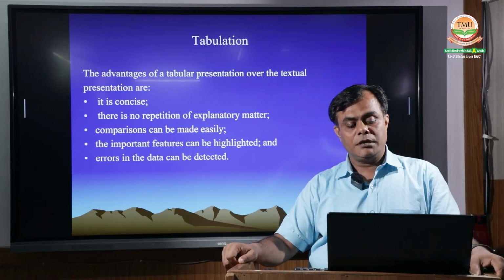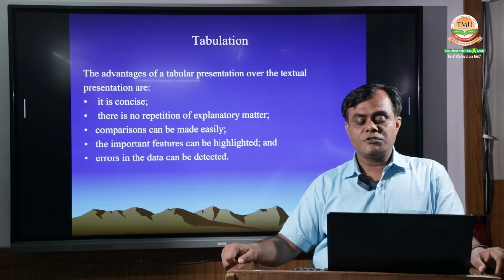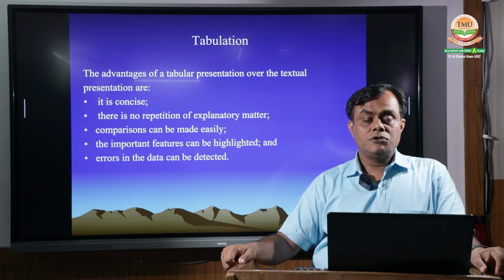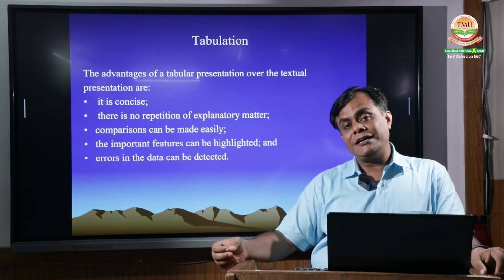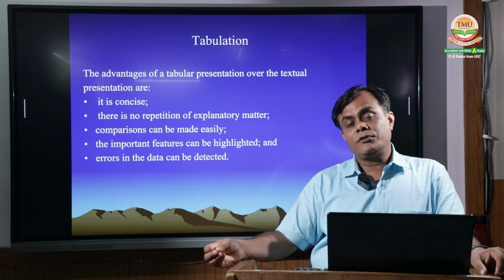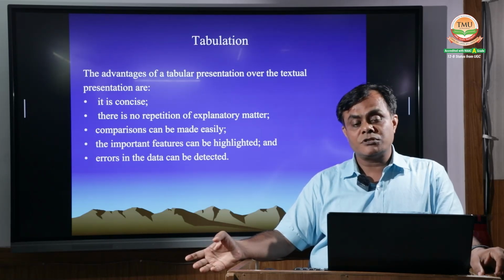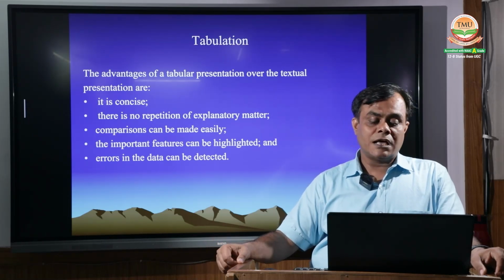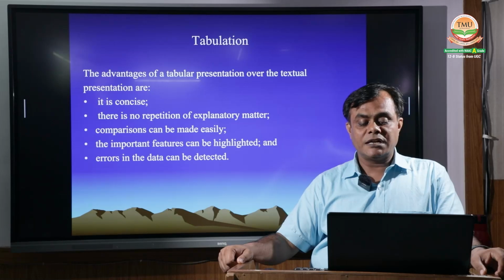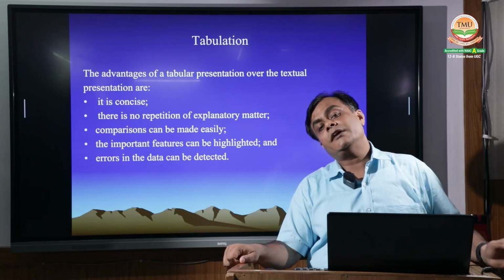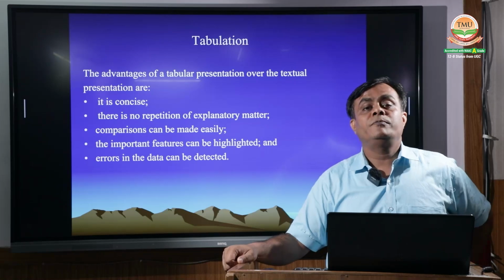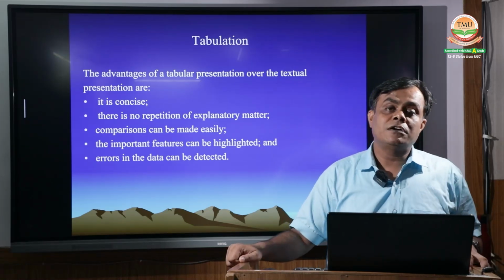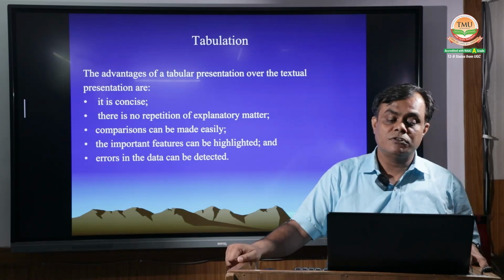And the fourth one is that important features can be highlighted. In a tabular formation, it is very easy to highlight important information or features of the data. And the last one is that errors in the data can be detected. Whatever the error, it is very easy to detect from the tabular formation as compared to data in the textual formation.